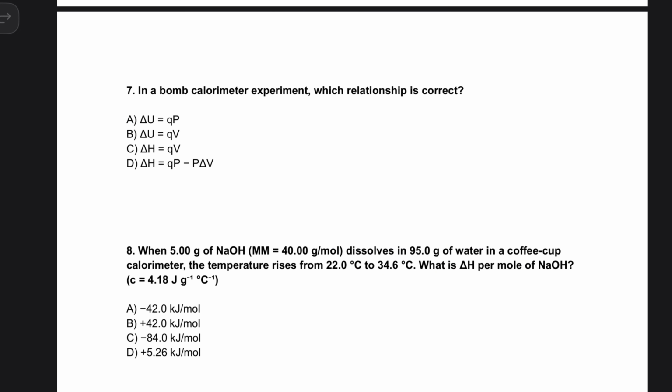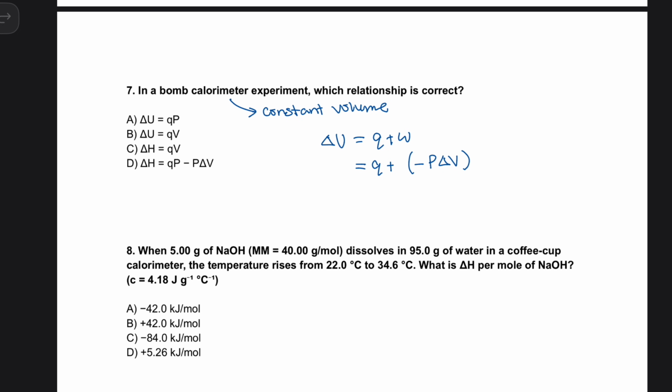Okay, question 7. In a bomb calorimeter experiment, which relationship is correct? So an important thing to know is in a bomb calorimeter, there is constant volume. So if we know this key thing, and we know the formula that delta U equals Q plus W, and then we also know that W is negative pressure times change in volume.